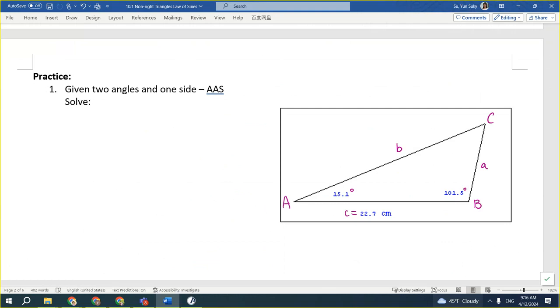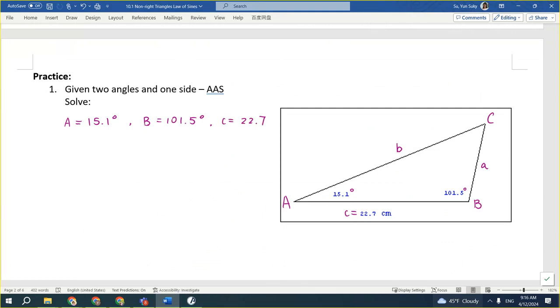So from the picture, we know A is 15.1 degrees, B is 101.5 degrees, and small c is 22.7. Okay, and we want to find the other three pieces of information.